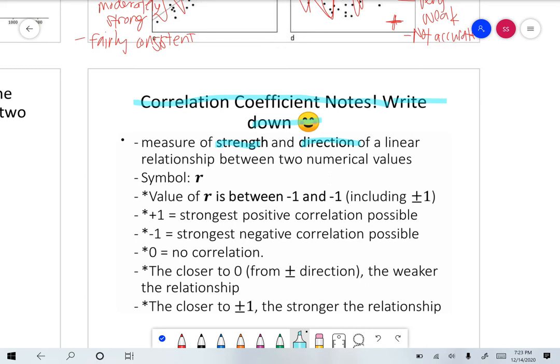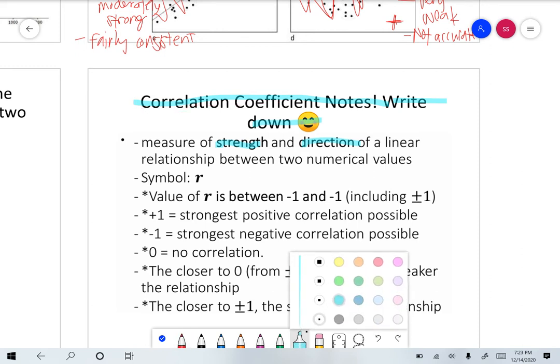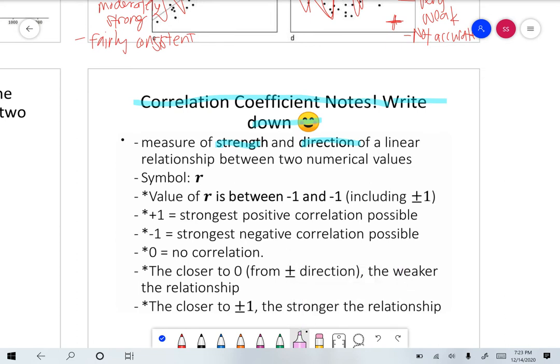This is what we refer to as the correlation. The correlation coefficient. Okay, there's your big vocab word here, correlation coefficient. Correlation coefficient is a way to measure the strength and direction of a linear relationship between two numerical values.